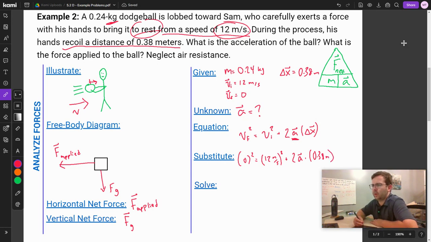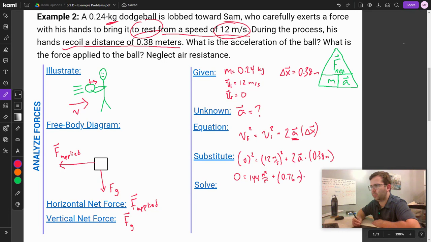All right, so I'm going to start solving now. 0 equals 144 meters squared per second squared plus, and then I'm just going to go ahead and multiply the 2 and the 0.38. So when I do that, 2 times 0.38, I get 0.76. So I'm going to write 0.76, and that's meters.